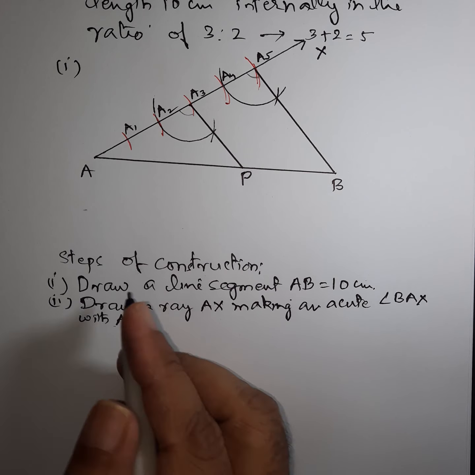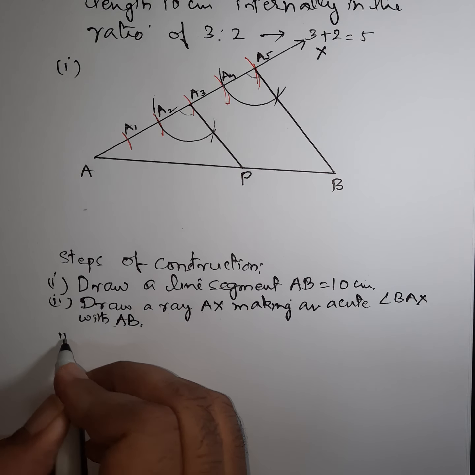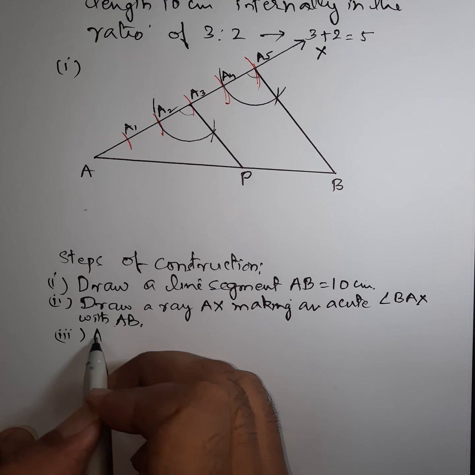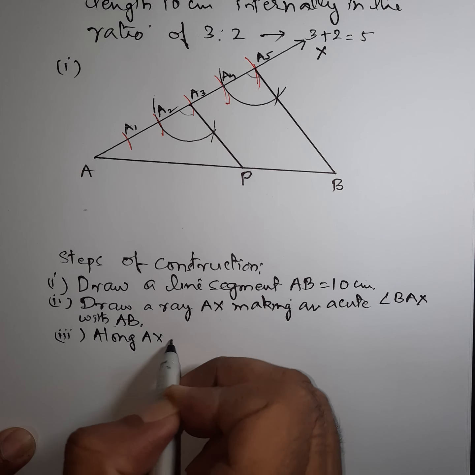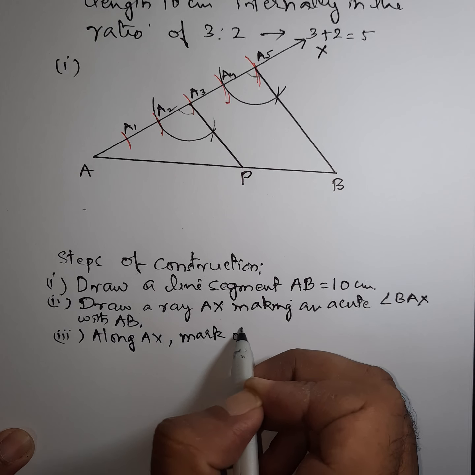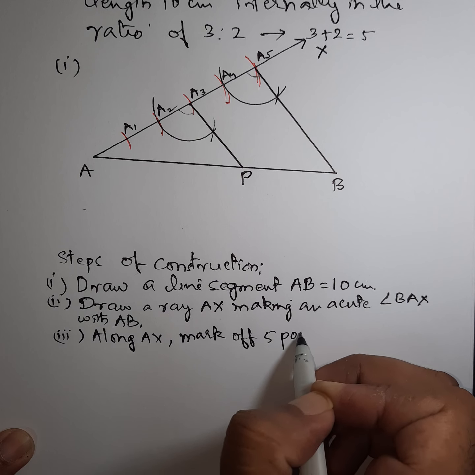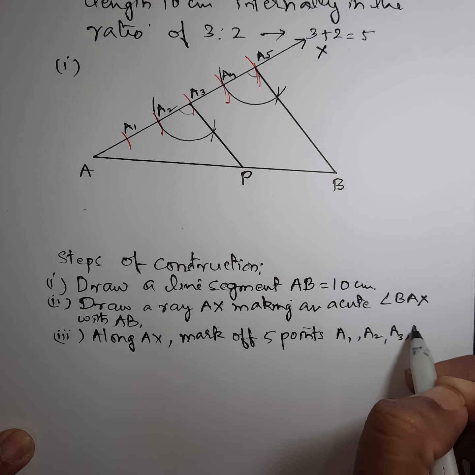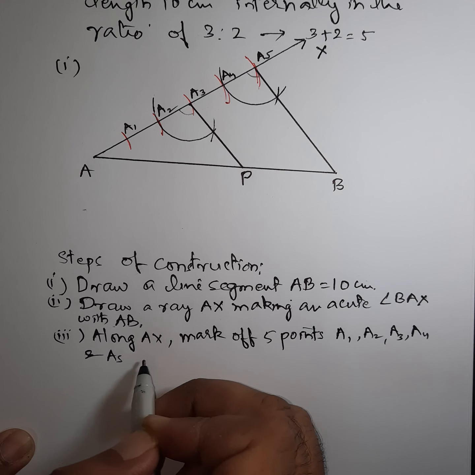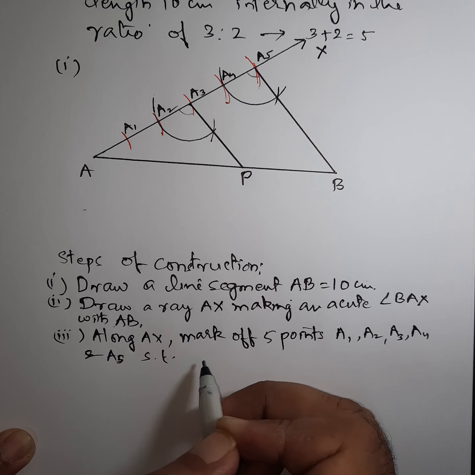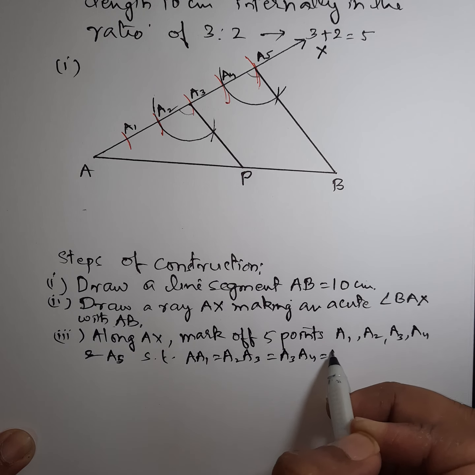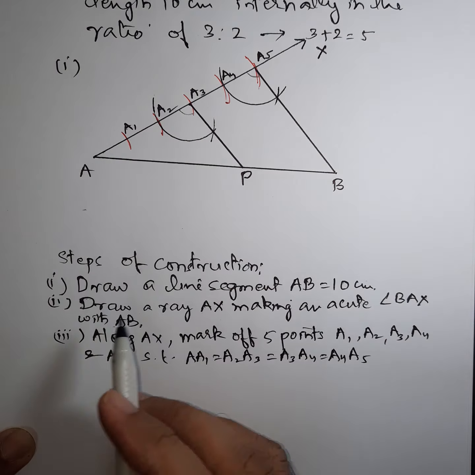So what we have done, third step: along AX mark off 5 points A1, A2, A3, A4 and A5 such that all the distances are equal, A1A2, A2A3, A3A4, A4A5. So all distances are same that we have taken already.